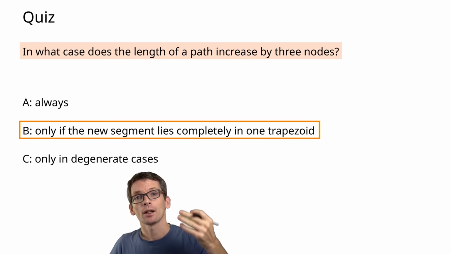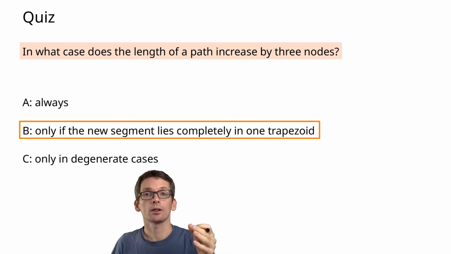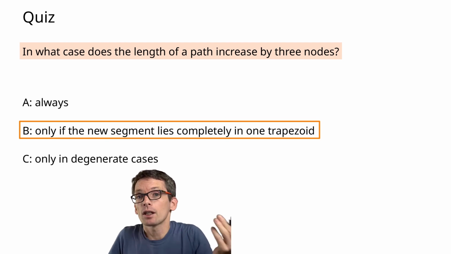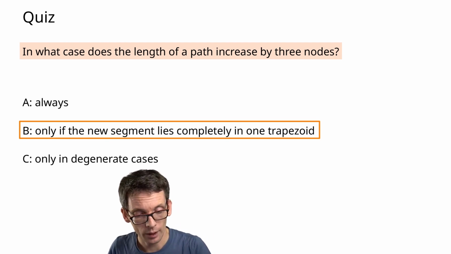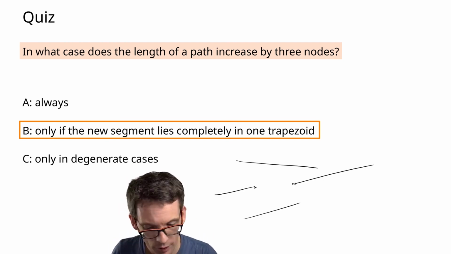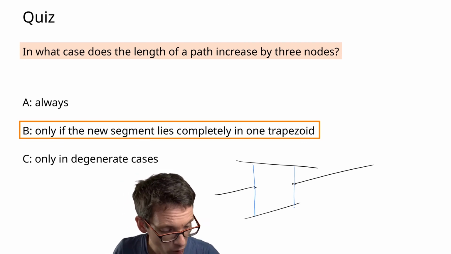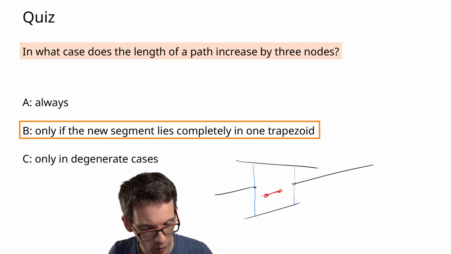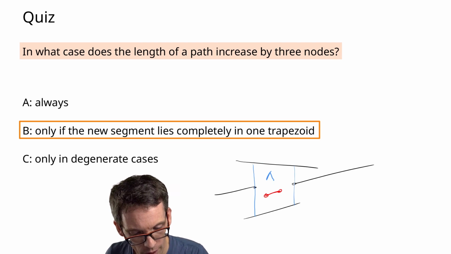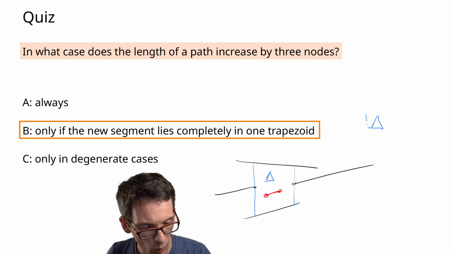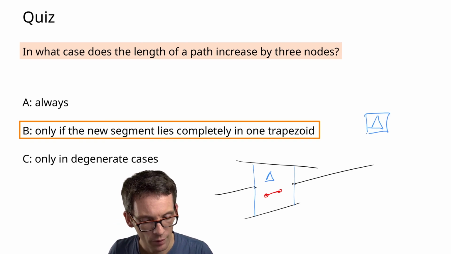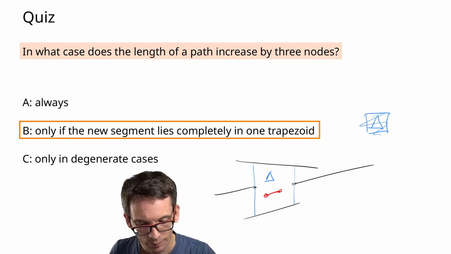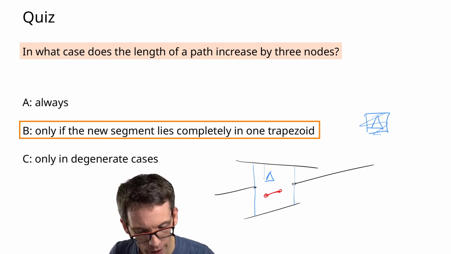It happens if the new segment is completely contained in one of the old trapezoids. And the situation that we have then, so we have an old trapezoid. This is our old trapezoid, let's call it delta, and my new segment is completely inside. So delta was previously a leaf. This is now replaced by the following sequence. We first have an X node for Pi.